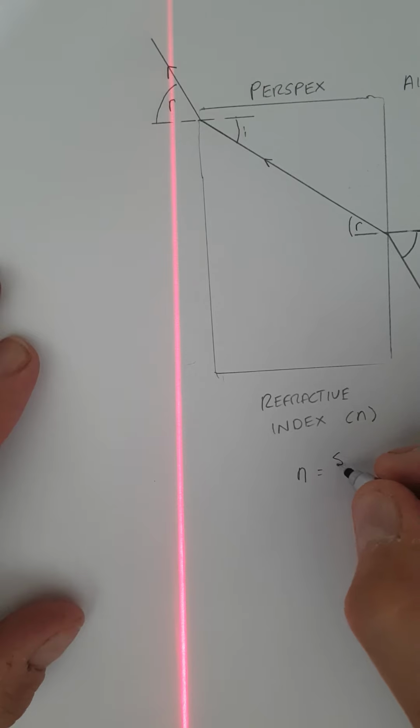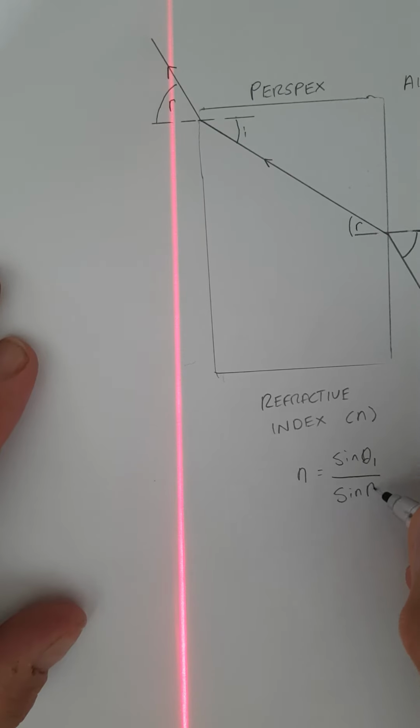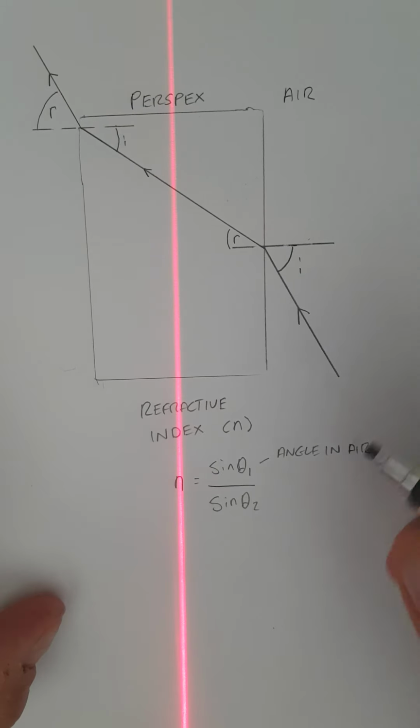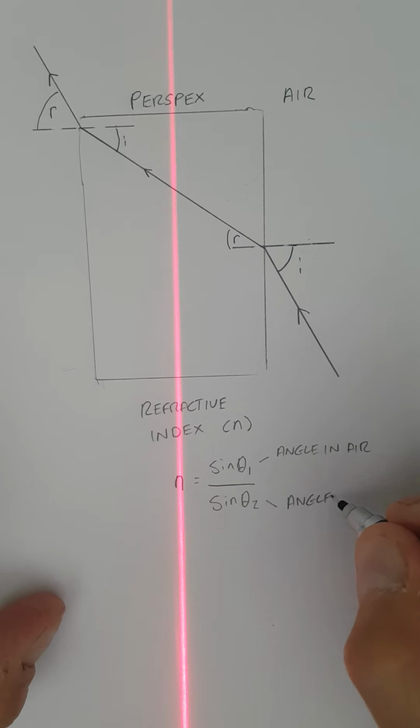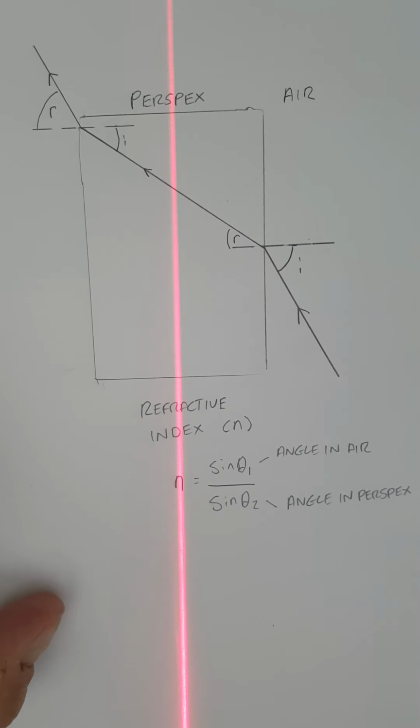is equal to sine theta 1 over sine theta 2, where theta 1 is the angle in air, or the less dense medium, and theta 2 is the angle in perspex, or the more dense medium.